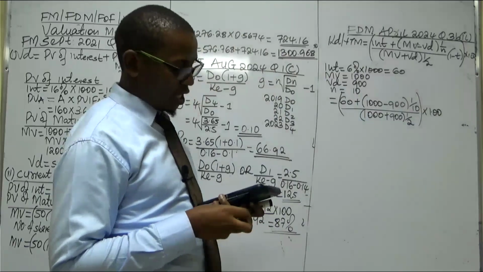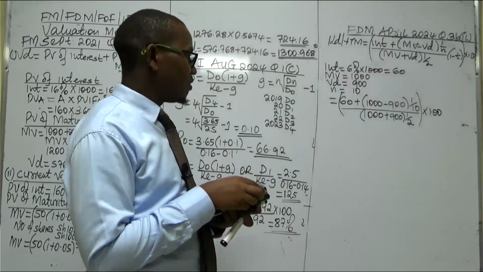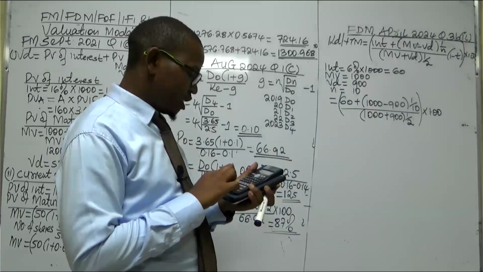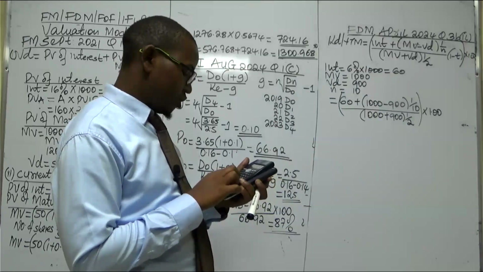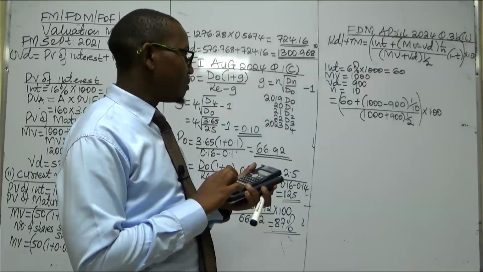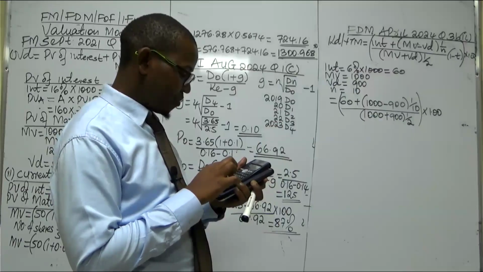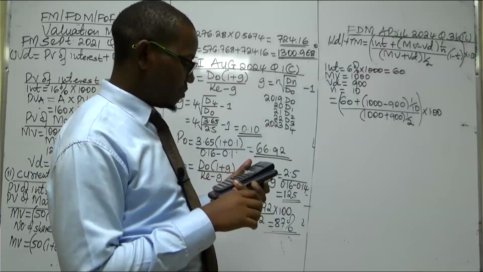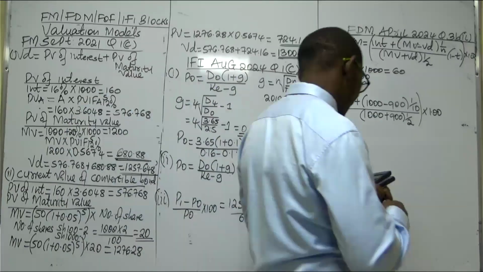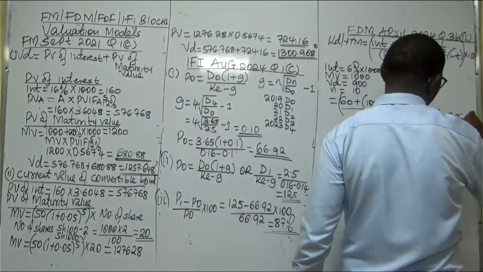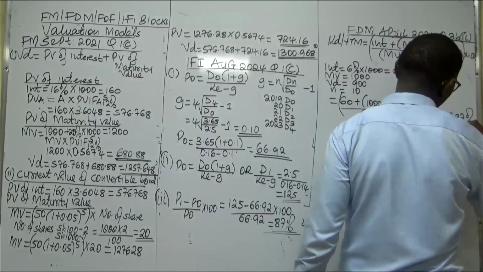Just use it as it is. So this will be 100 times 1 over 10, plus 60, divided by 1,900 divided by 2, then I multiply by 100. 7.367. That is the rate of return.